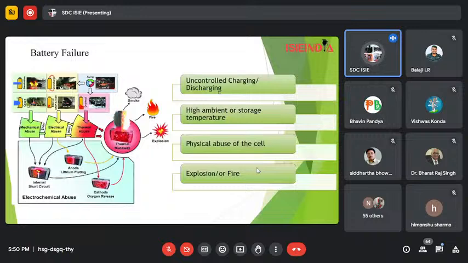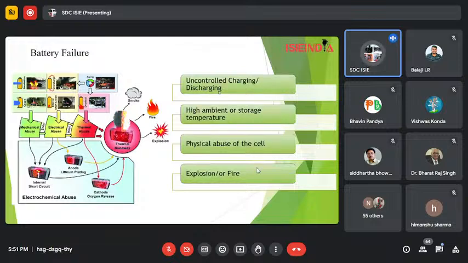And if that separator gets damaged, electrons will get flooded from the separator to the cathode, and it will cause an internal short circuit, or it will cause the burnout of that whole battery pack. It will cause a very vigorous reaction inside that cell, and it will lead to smoke, fire, and even explosion.